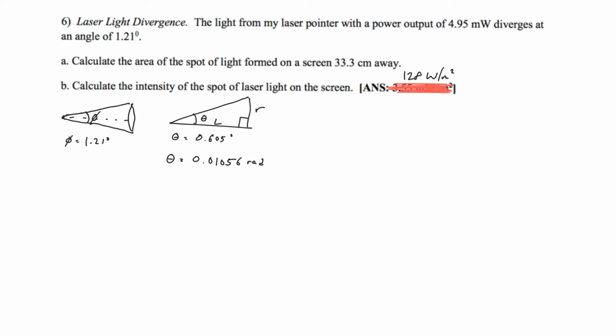And remembering, we talked about the small angle approximation before. So theta is approximately equal to the tangent of theta when theta is very small.